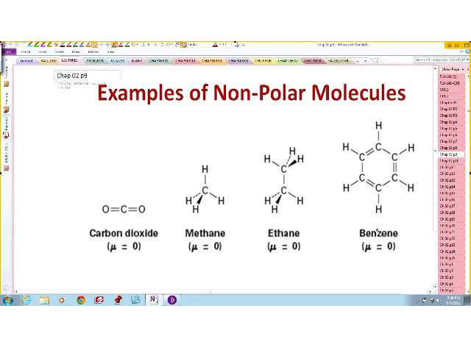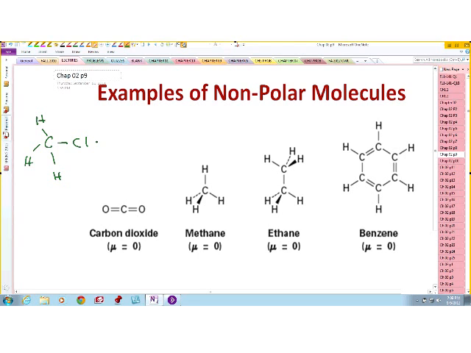We'll give you a bunch of molecules and ask which one of these molecules has a dipole moment. For example, if I do this, supposing I add this, do you expect that molecule to have a dipole moment?